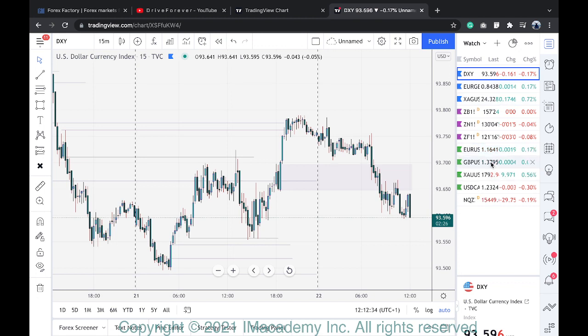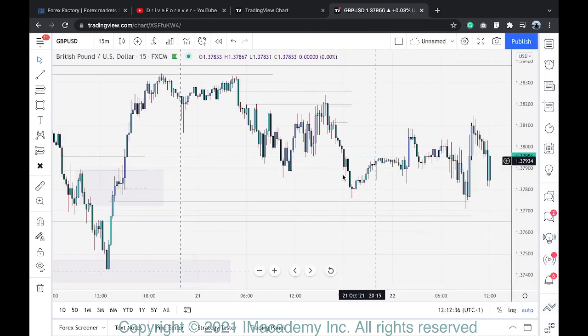All right, so going back into GPU dollar. Now, typically when you get into these, the market is a factor of time and price. Okay, so it's not just order blocks, breaker blocks, gaps, and this and that. It's not just all about that.